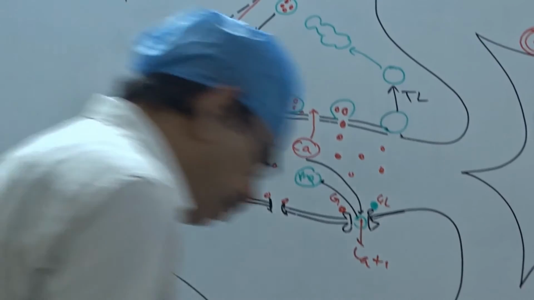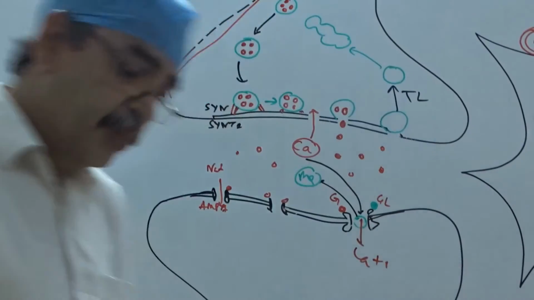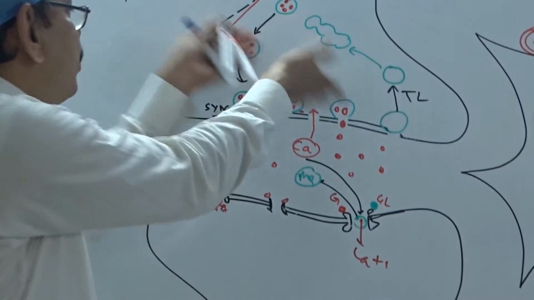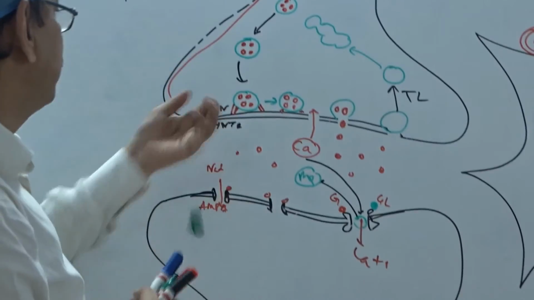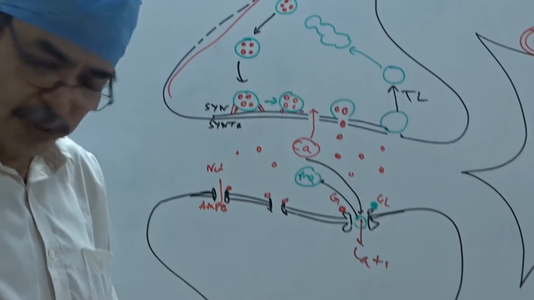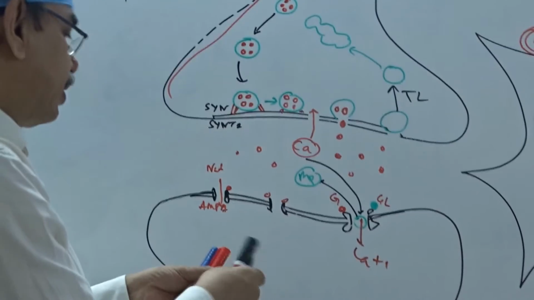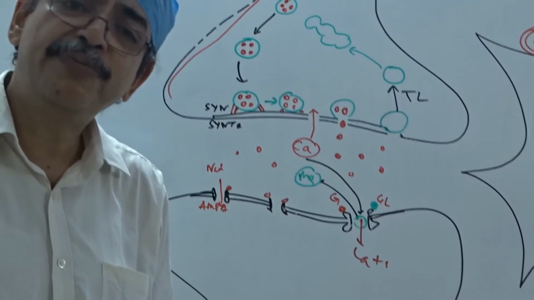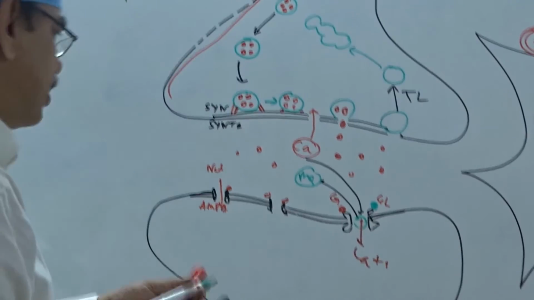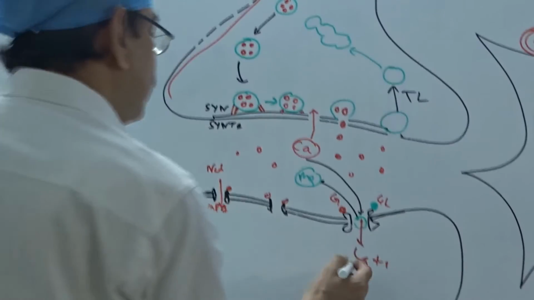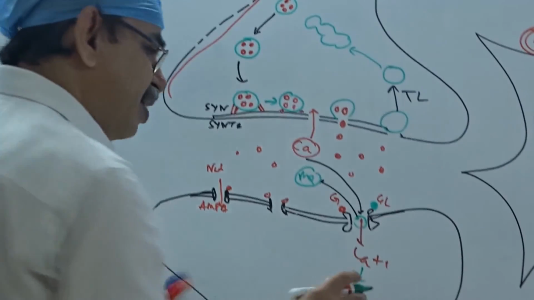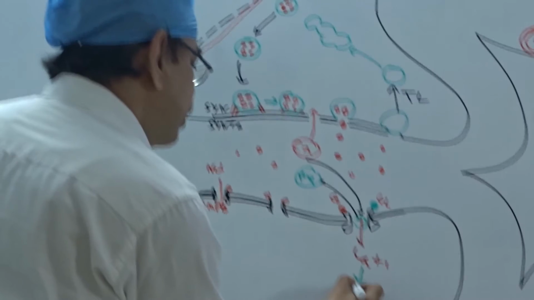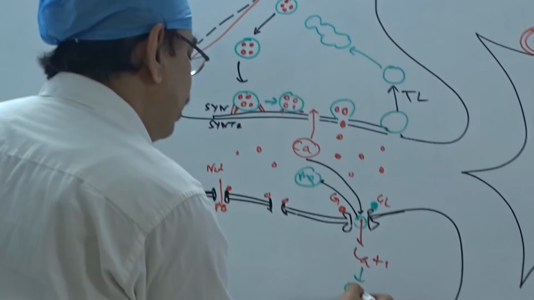After that, you remember that when calcium goes inside the cells, something happens. We have seen the release of the glutamates and other things, and now the calcium is entering the postsynaptic membrane. Then what happens? There is a protein attached to calcium, that is calmodulin.